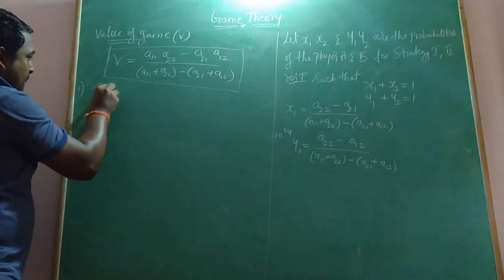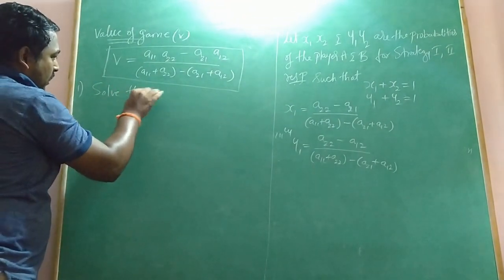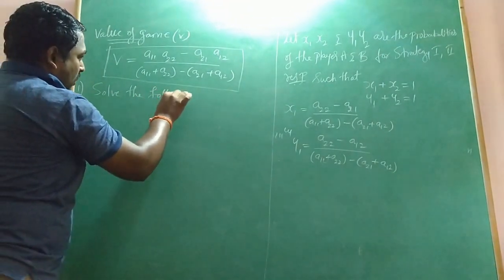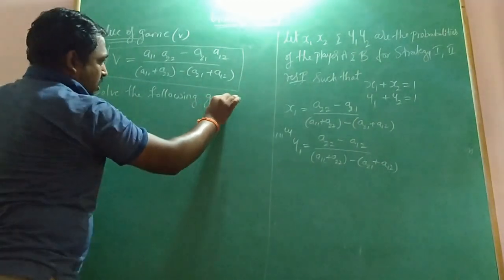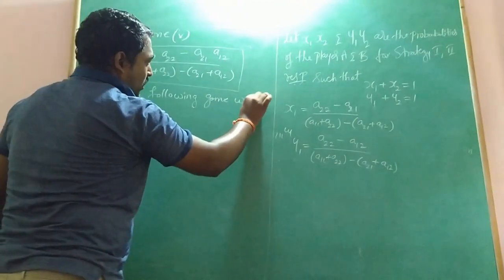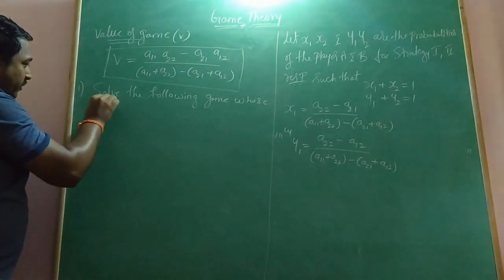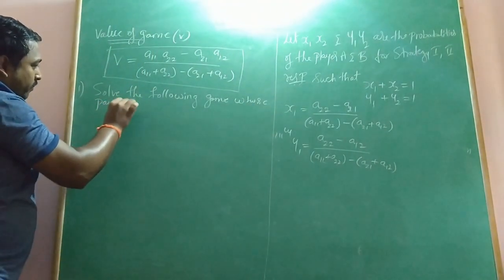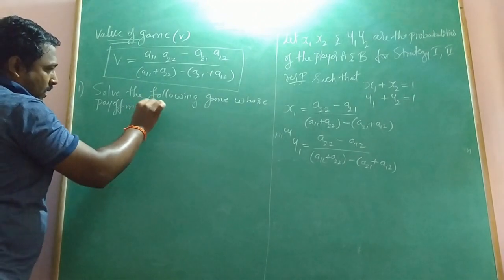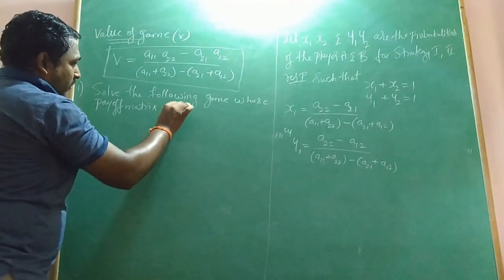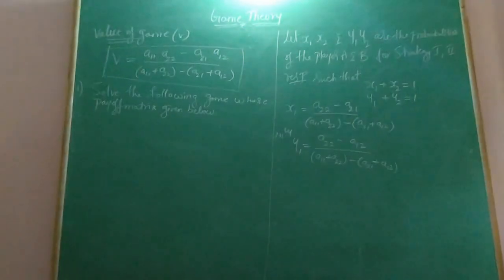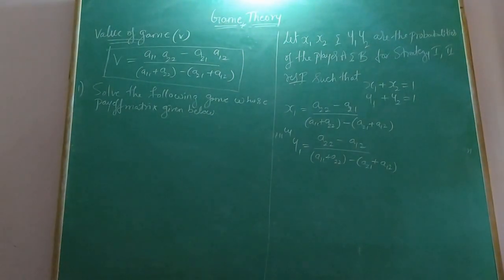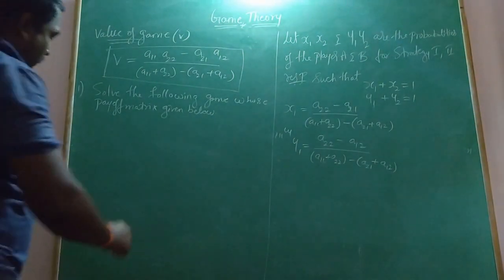Solve the following game whose payoff matrix is given below. The order is given as 2 cross 2.